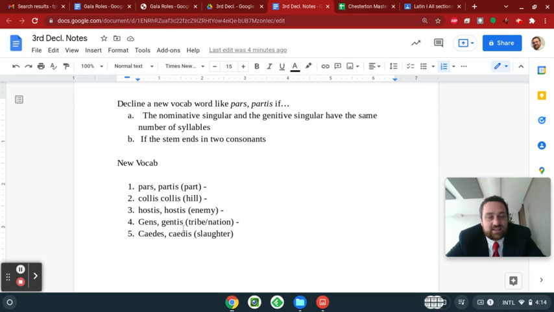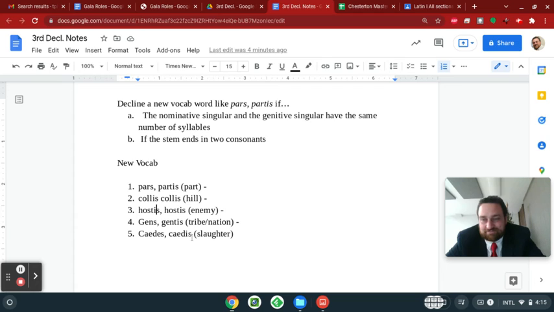Gens gentis. Now, this is a tribal nation. You can't really say it's a natural gender, right? Because it's made of several people. So we want to go to our rules. Sachs rule tells us it's a feminine word.